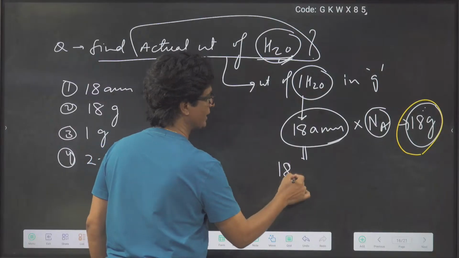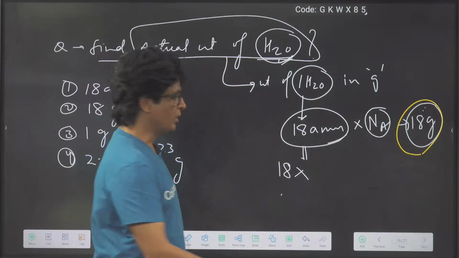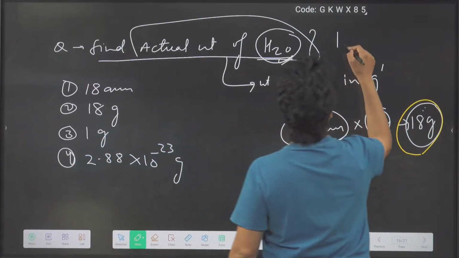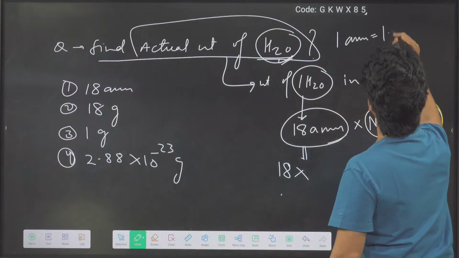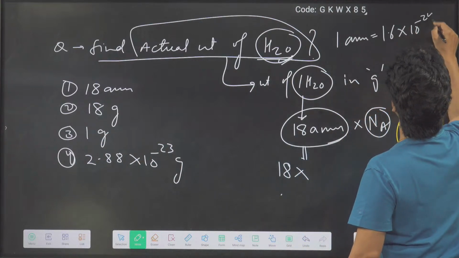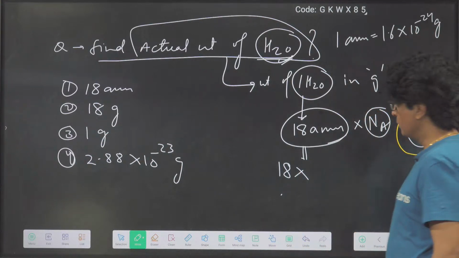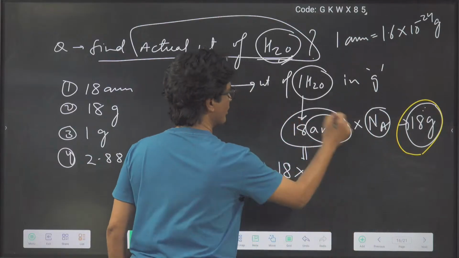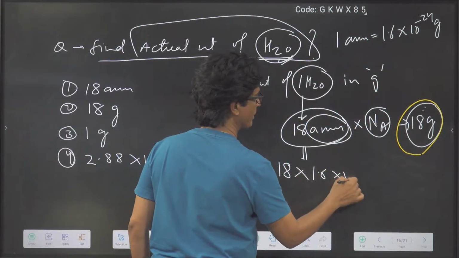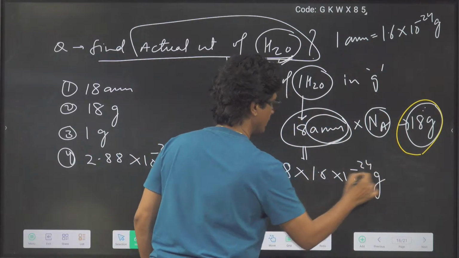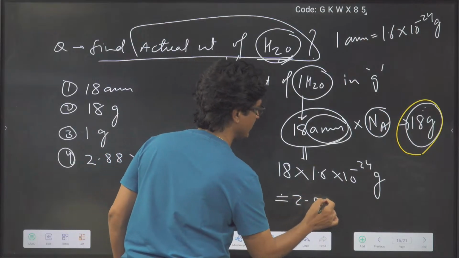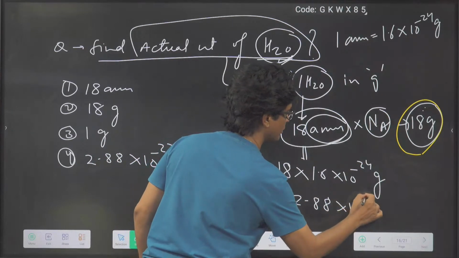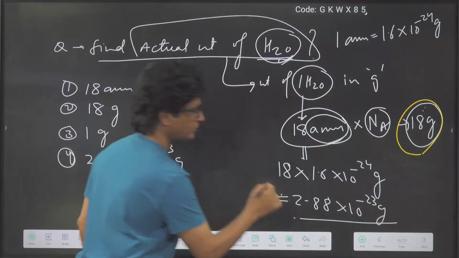You have to convert AMU into grams. What is 1 AMU? I've just told you 1 AMU is 1.6 into 10 to the power of minus 24 grams, right or not? So please convert it. Instead of AMU, write 1.6 into 10 to the power of minus 24 grams. This will be equal to 2.88 into 10 to the power of minus 23 grams.